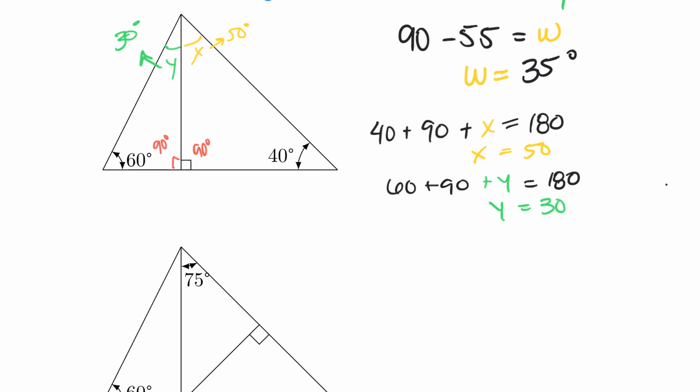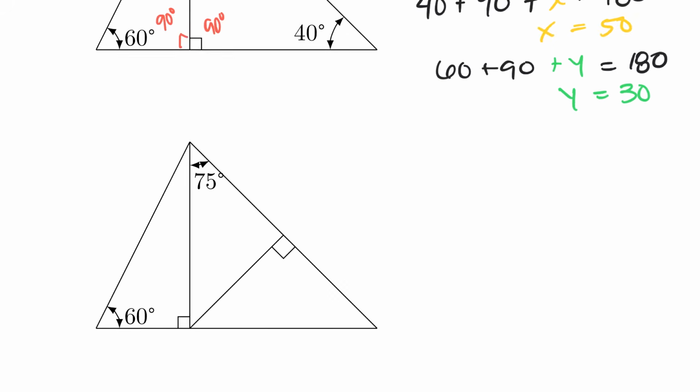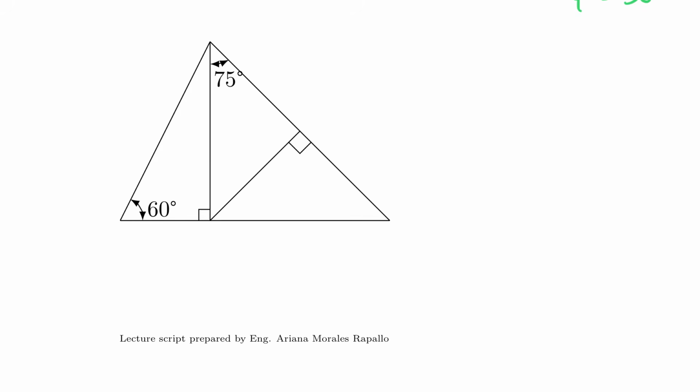So let's go ahead and solve the last one. This one looks a little bit more challenging because of the orientation. Let's see how many triangles we have. We have one big one, 2, 3, and 4. And what information are we given here? We have one right angle and two right angles.